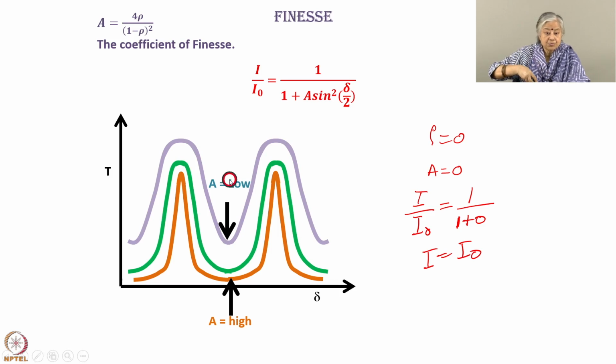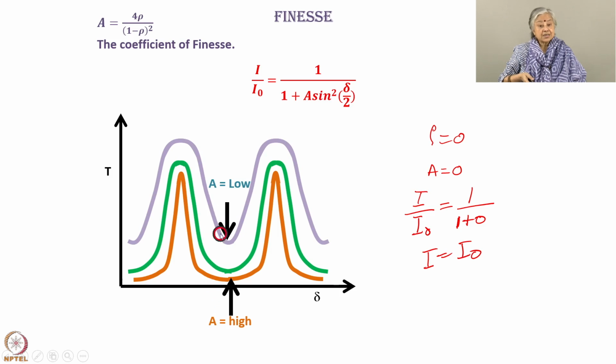It is at this point you are getting maximum for all of them, but your A may not be as high as this. So, the delta for all these three graphs is the same, but the finesse is not the same.